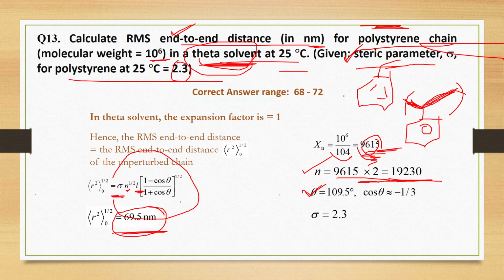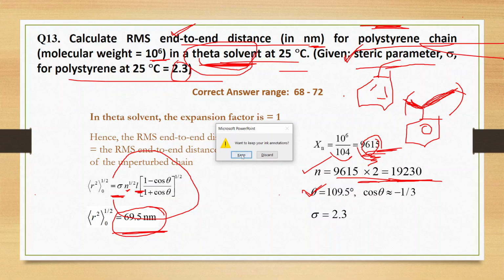How can it be in degrees, right? Bond length is 0.154. In the previous problem I also stated it is 0.154. So how can L be in degrees? The theta value is 109.5 and the L value will be 0.154.